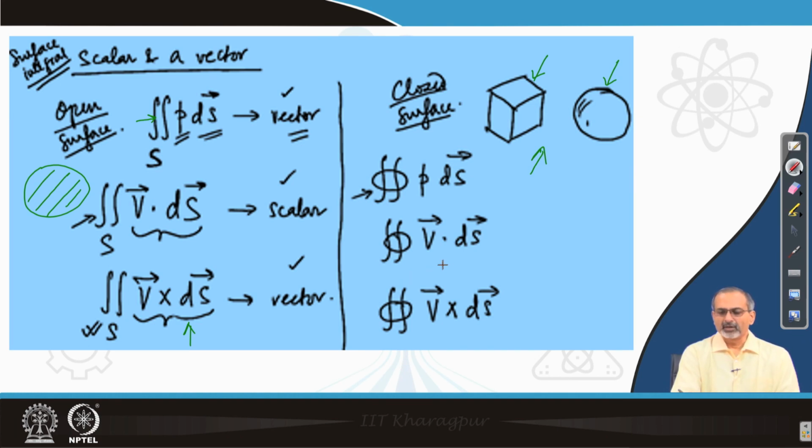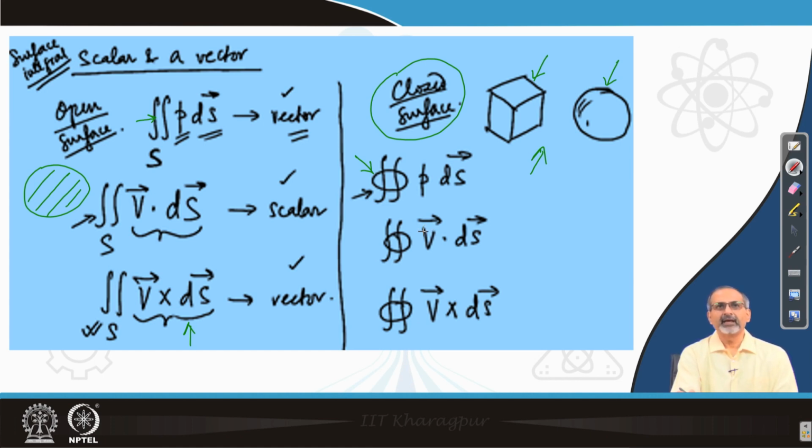And when you are doing it on such a surface, you are saying it is a closed surface. There we use this nomenclature of a closed curve, which essentially means a closed surface. That means it envelops a volume inside it.